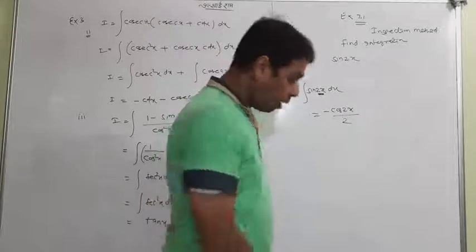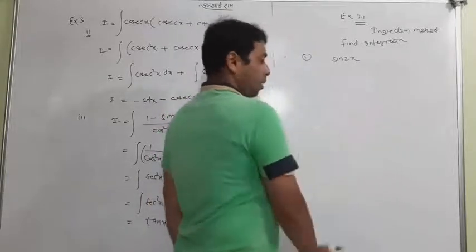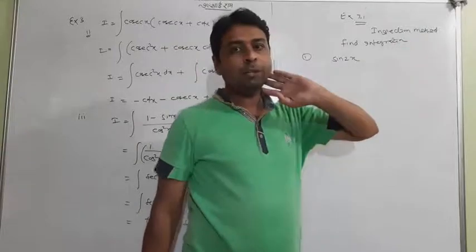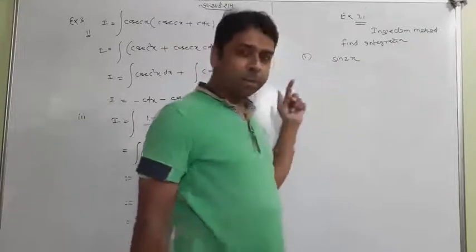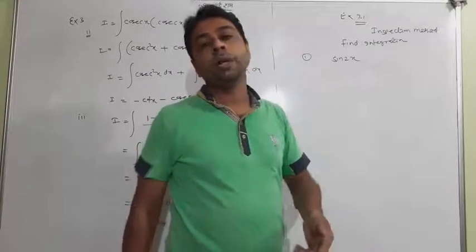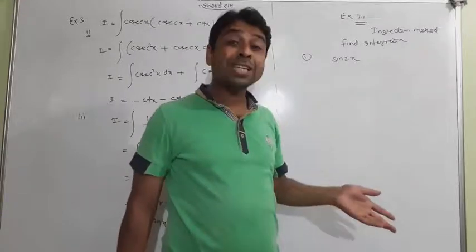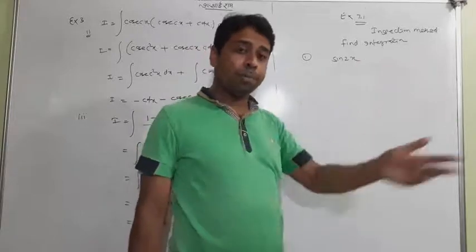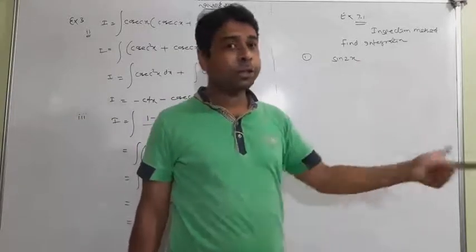That's the answer. What about here? The question says by the inspection method, meaning we will not use the fundamental method, but we do the differentiation of such a function which gives this answer. So the integration of this will be the same function which you have differentiated.